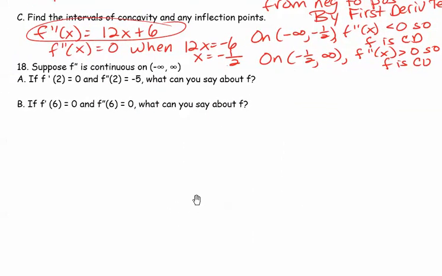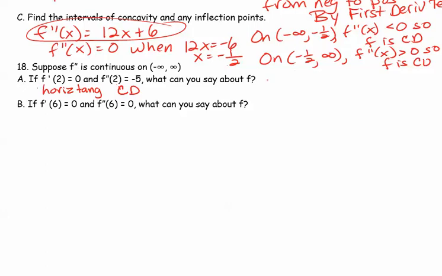All right, so suppose f double prime is continuous everywhere. If the first derivative equals 0, that's our horizontal tangent, and the second derivative is negative, that means that f is concave down.